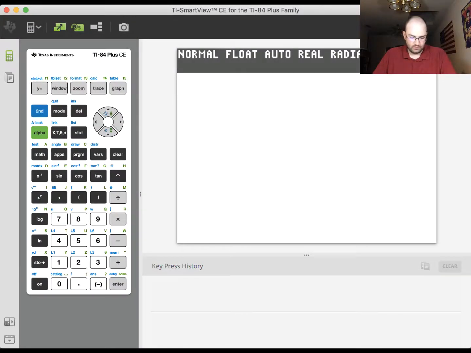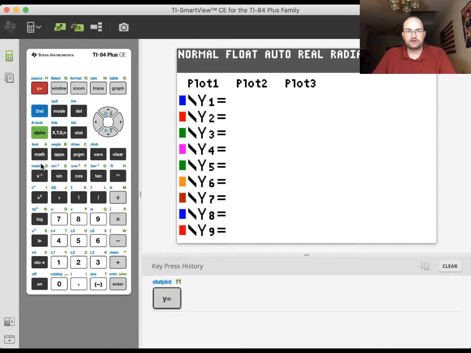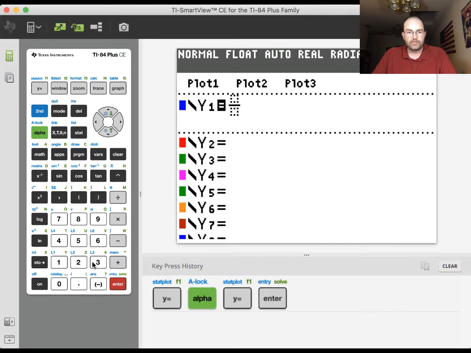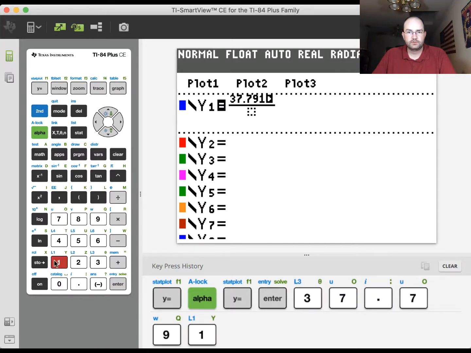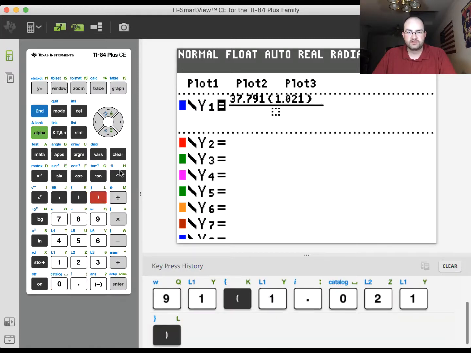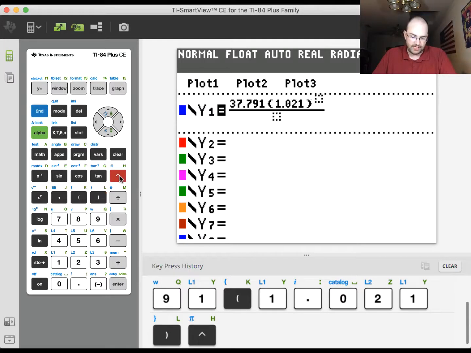Okay, welcome to the calculator. Let's go into y equals and type in our function. We have 37.791 times, in parentheses, 1.021, close parentheses, to the power of 10 plus h.